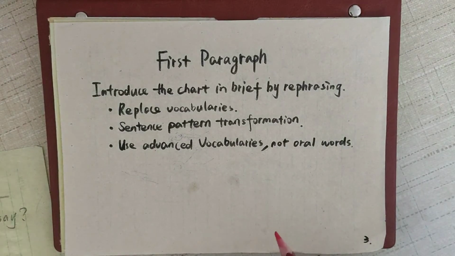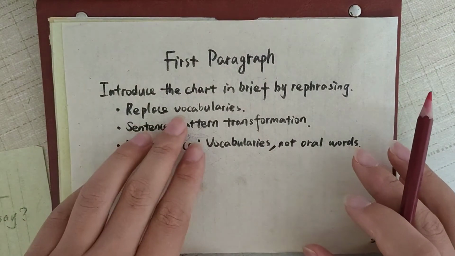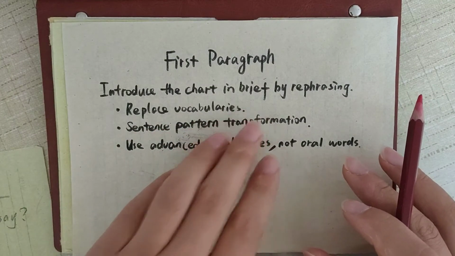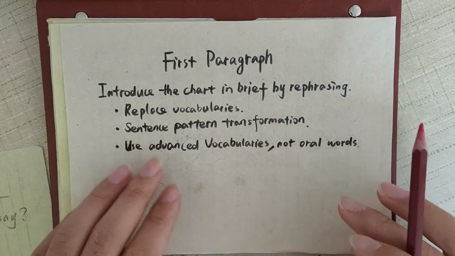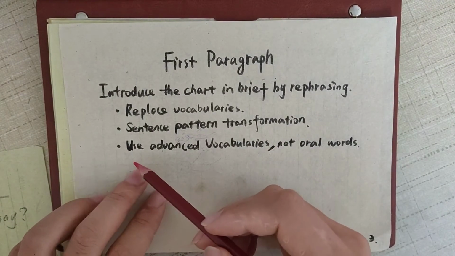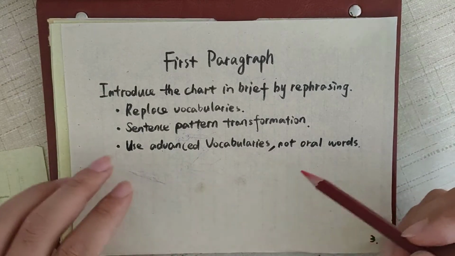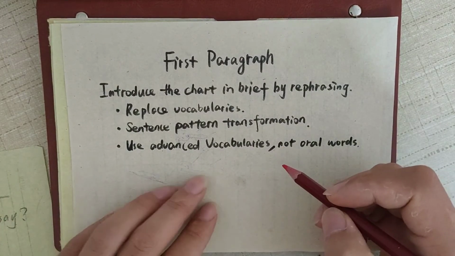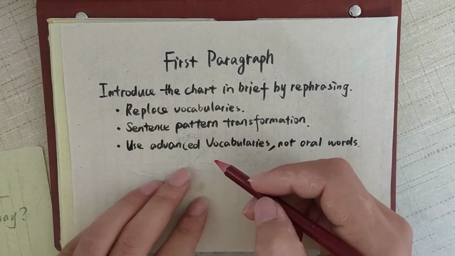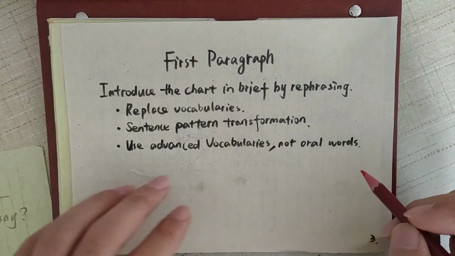In the line graph essay, we had better replace vocabulary from the question and do some sentence pattern transformation. Last, we should use advanced vocabulary, which means we should use more written words, not oral words.